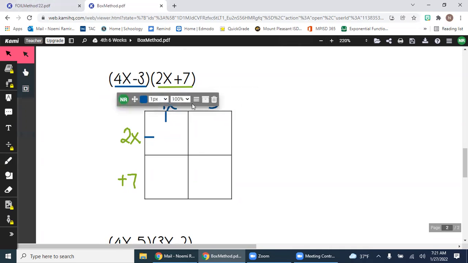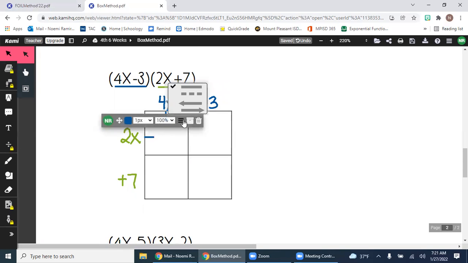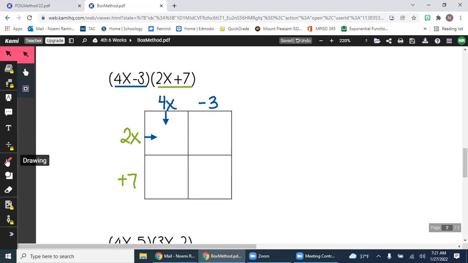No, will it not let me switch it to an arrow? There we go. 4x and 2x will be multiplied in this box. So let's multiply that. 4 times 2 is 8, and x times x gives us x squared.